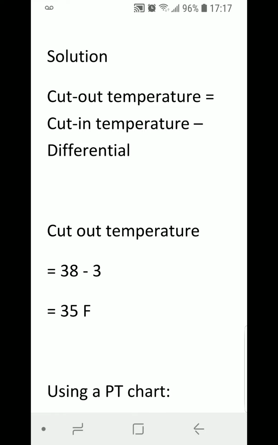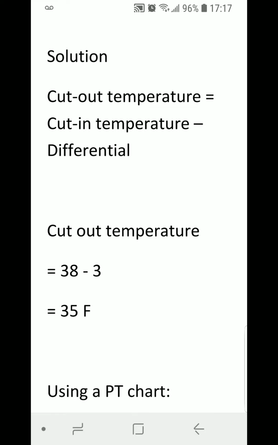Cutout temperature is equal to cut-in temperature minus differential. Once we determine the cutout temperature, we'll determine the corresponding pressure with that temperature.